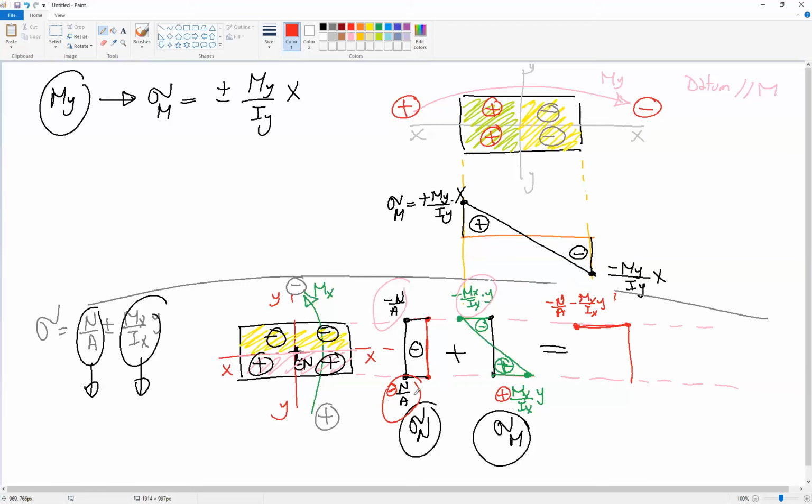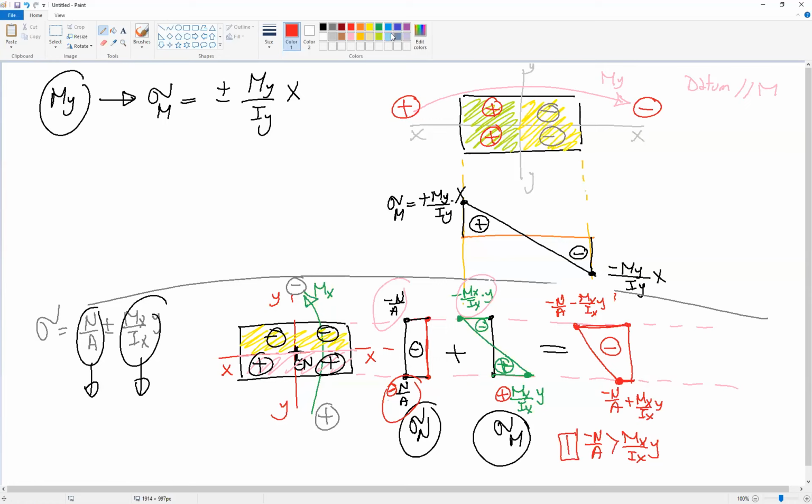So in the first case, if negative N/A is greater than Mx/Ix multiplied by y, the result will be a small negative value. We connect them together with a straight line, and the whole section will be under compression. So this is our first probability.